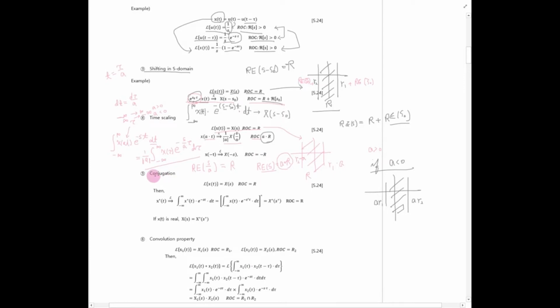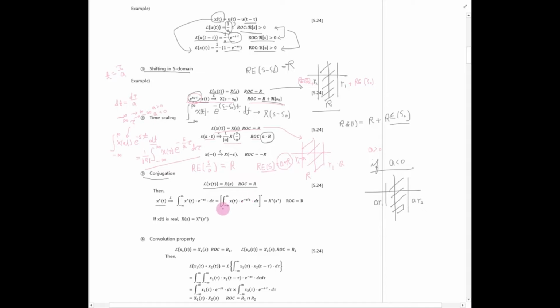The fifth one is the conjugate function. Okay, x of t satisfies these conditions, and then what about the Laplace transform of x conjugate of t? Then it is defined in such a way: x conjugate times e to the minus st times dt, and then this conjugate can be pulled out here, and we attach the conjugate of s over here.